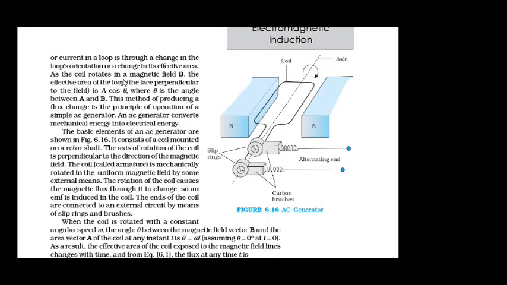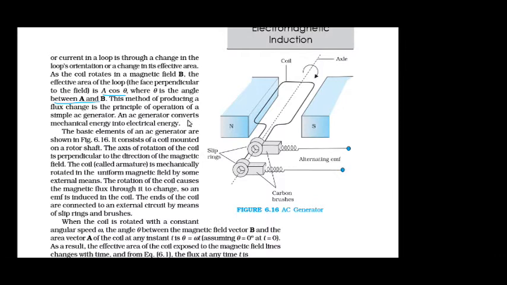As the coil rotates in a magnetic field B, the effective area of the loop, the face perpendicular to the field, is A cos theta, where theta is the angle between A and B. This method of producing a flux change is the principle of operation of the simple AC generator.